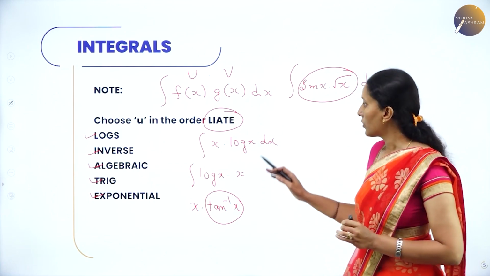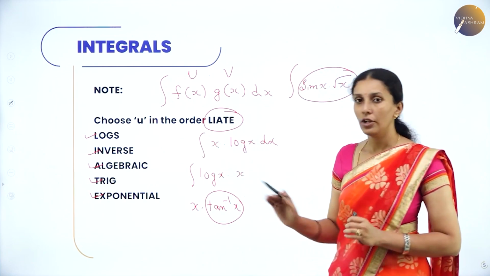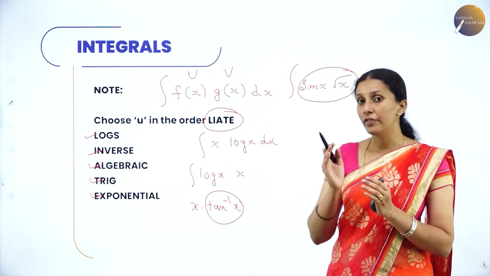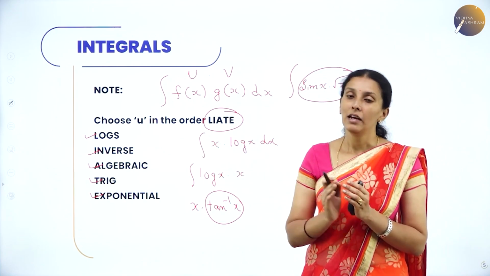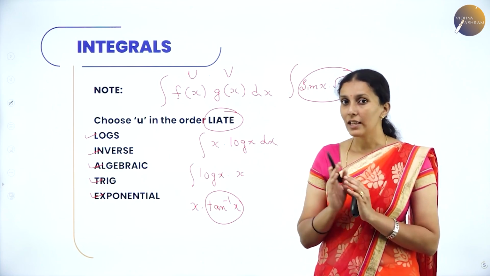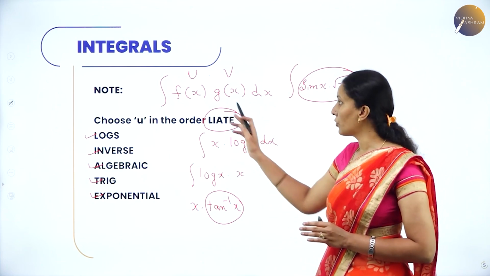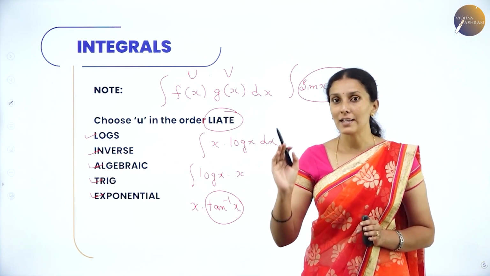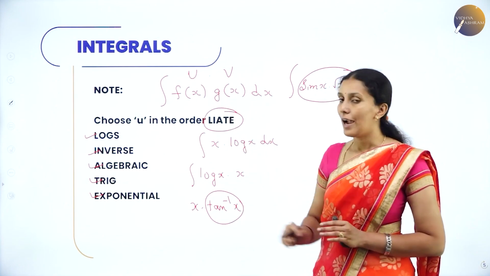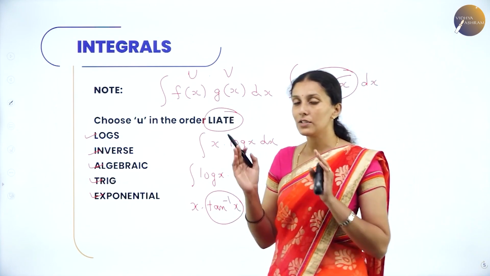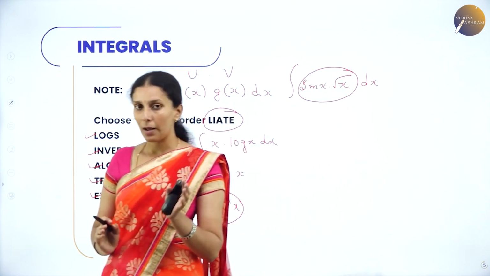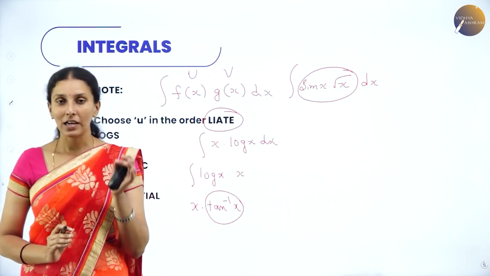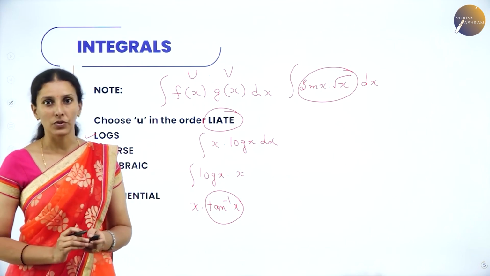So before integrating the function, you should also know whether its integral exists. And before applying integration by parts, you should know which function has to be taken as u and which as v. Then only can we apply the integrals and finally find the integral values.